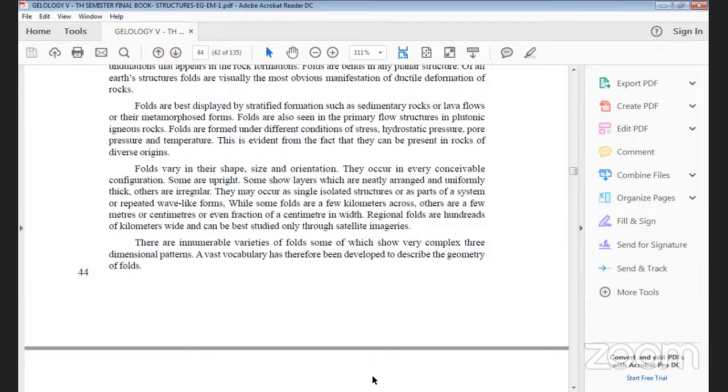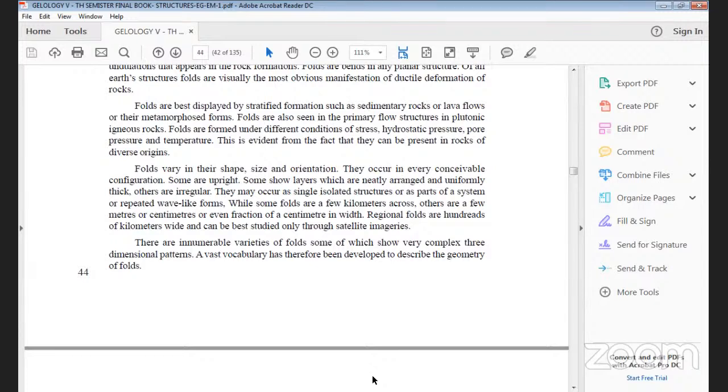In these layers we can see the neat arrangement of unconformity areas, thick areas and other irregular formations, sometimes repeated like wave formations. Some folds are a few kilometers across, others are a few meters, some are a centimeter, or even fractions of a centimeter.